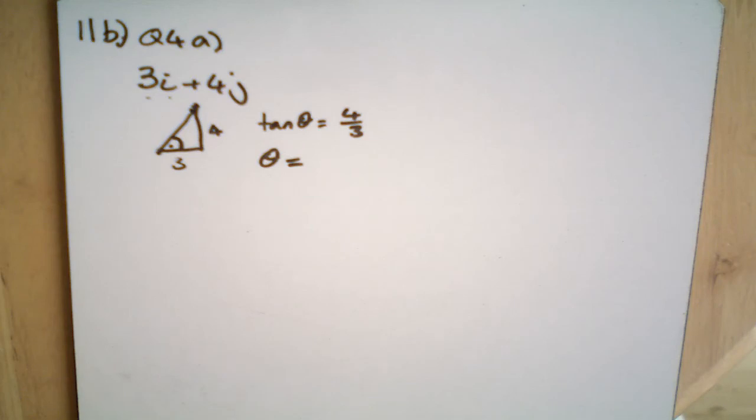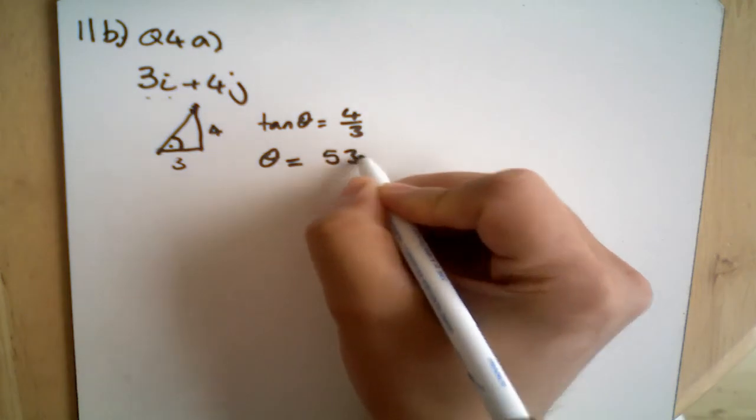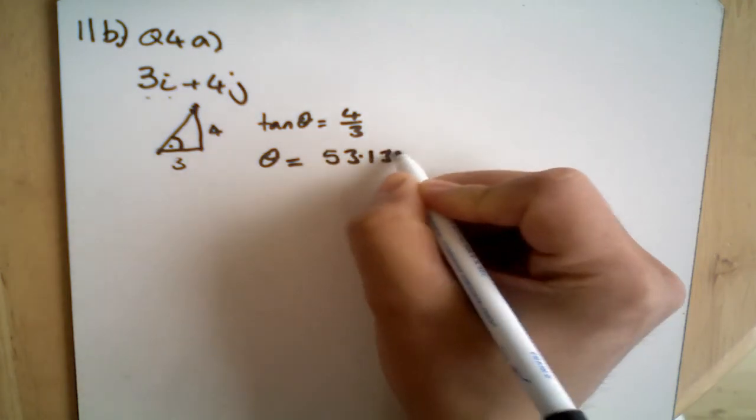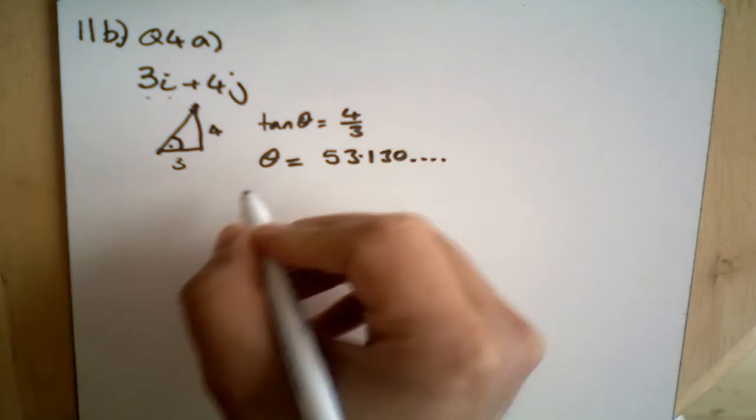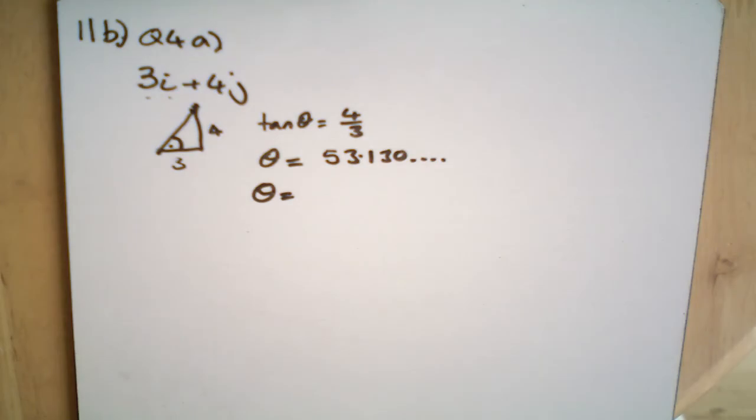Shift tan, open brackets, 4 over 3, close the brackets, 53.130... And you can see that this one is occurring above the axis.